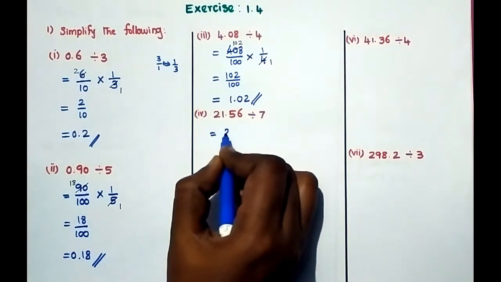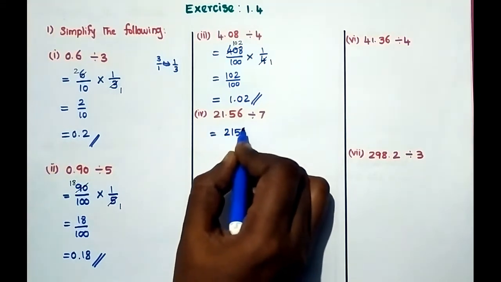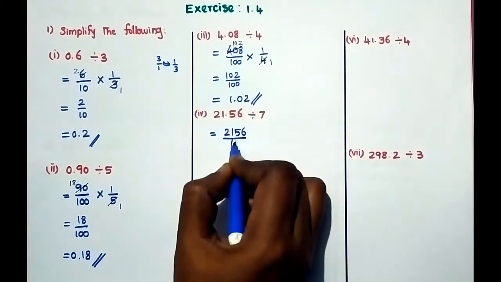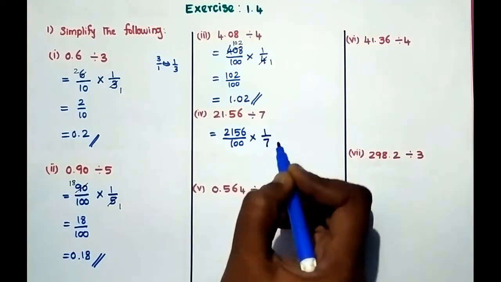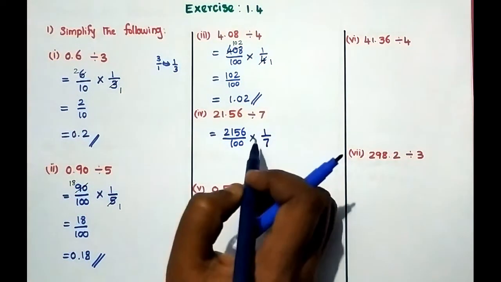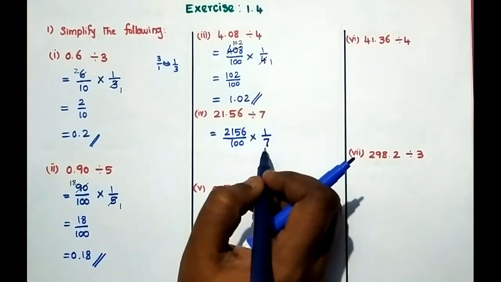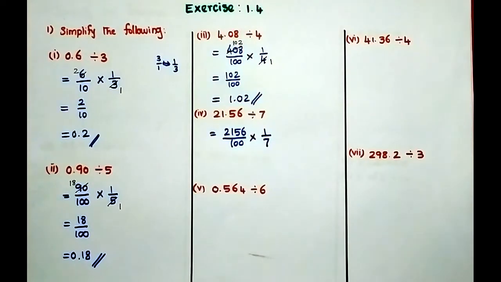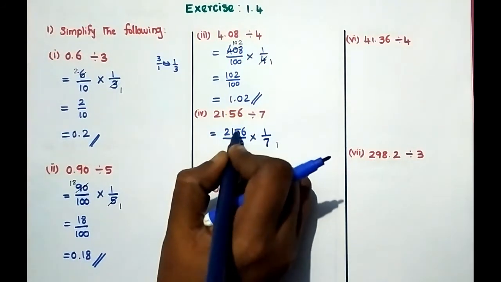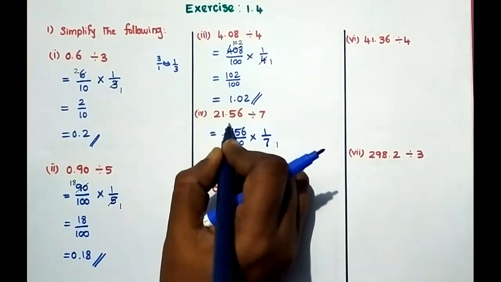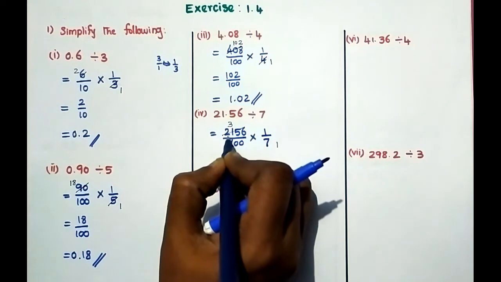Next one. Write down in fraction, 2156 divided by 100 into 1 by 7. It is cancelled by the 7 table. 7 1 is 7. 7 3s are 21.